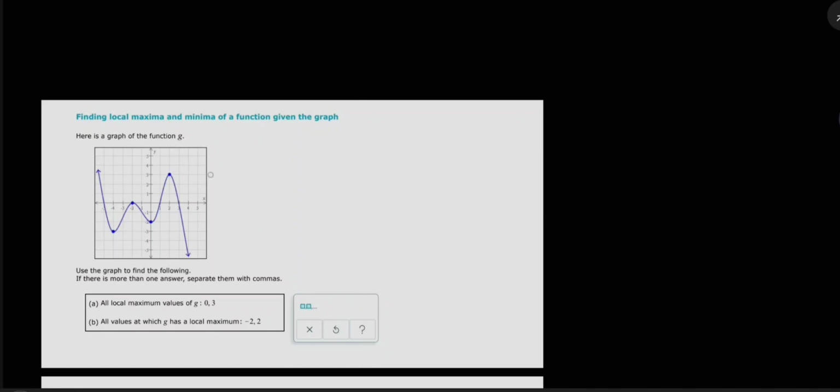So for this, our local maximum values here, I hope you can see my cursor here. Our local max is 3, and it's found at 2.